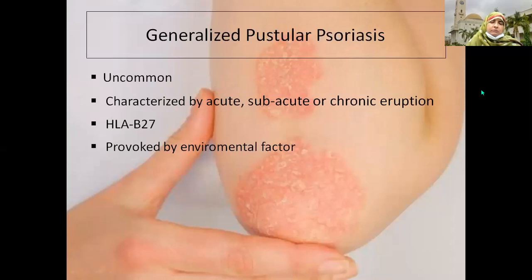And sometimes it may become generalized, which is usually uncommon, but it may be characterized by an acute, subacute, or chronic eruption, and it is usually provoked by environmental factors. There may be infection. It is mostly aggravated by pregnancy. It may be there in patients with hypocalcemia and other metabolic disorders.